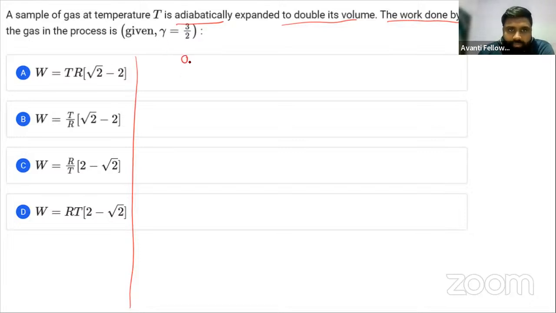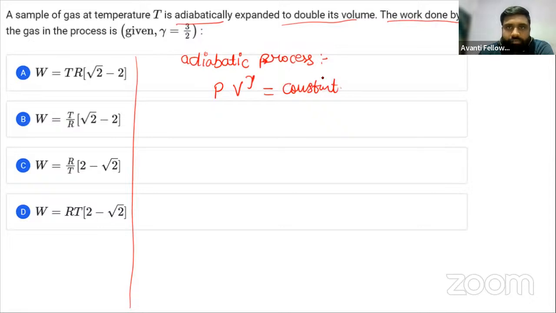So first of all, this process is adiabatic. For an adiabatic process, we know that the relation between pressure and volume is PV raised to the power gamma equals constant.